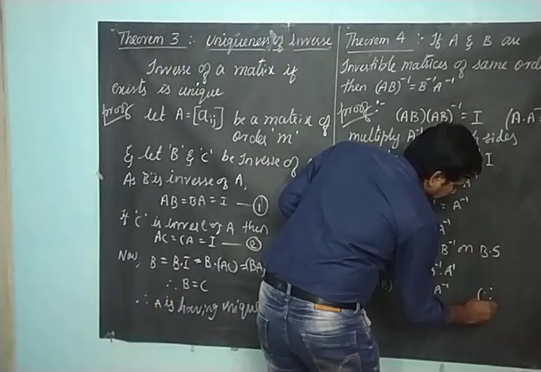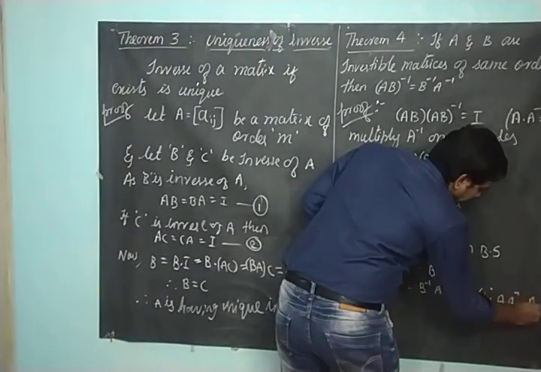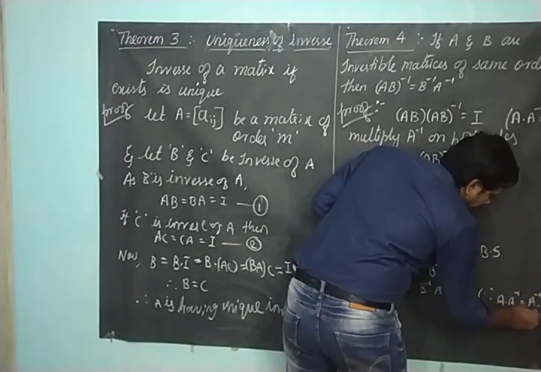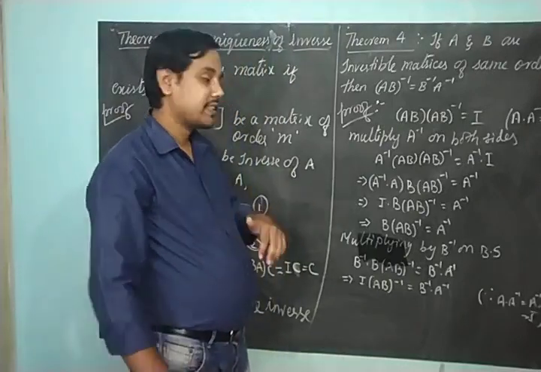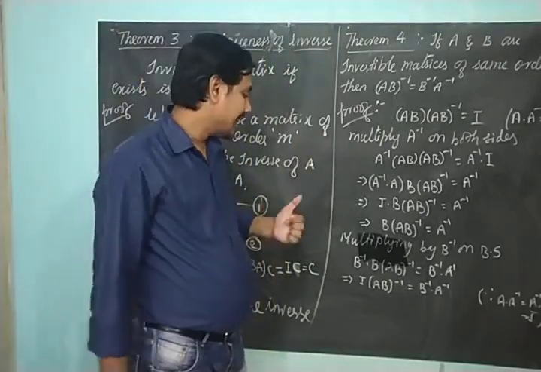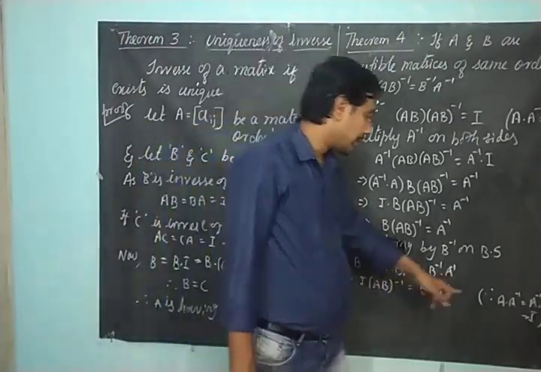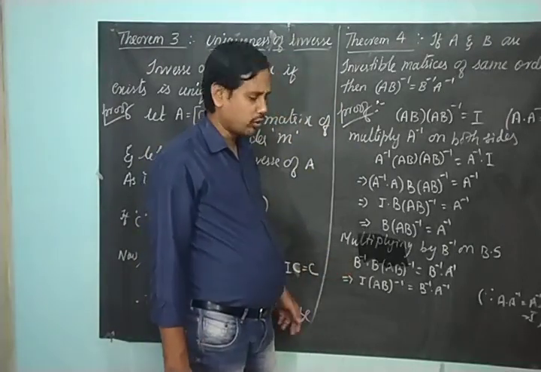Because A into A inverse is equal to A inverse into A, that is equal to I. Similarly, B into B inverse also will be equal to I.